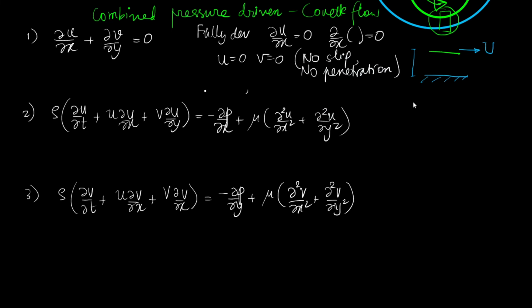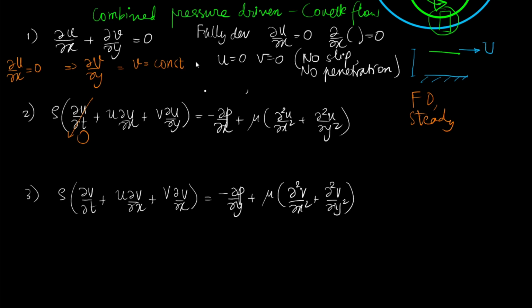Apart from being a fully developed flow, we assume that the flow is steady. So if the flow is steady, these terms will vanish. Right away, if it's a fully developed flow, del u del x is 0, and that implies del v del y will be 0. And if this is true, v equals a constant.